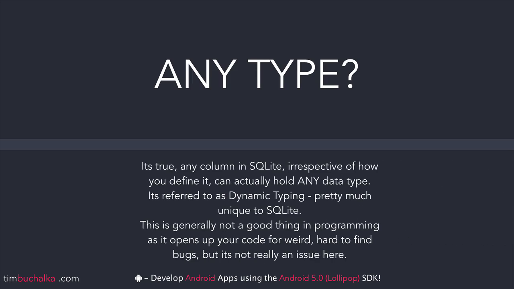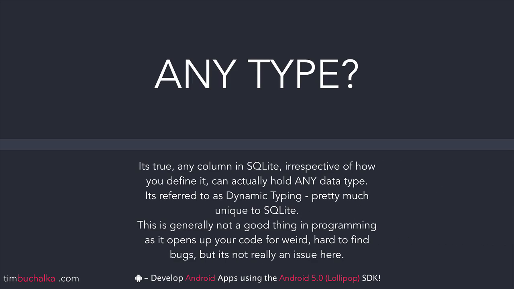Firstly, one of the curious and very unusual things about SQLite is that it can literally save any type of data in any field. It's referred to as dynamic typing, and it's fairly unique to SQLite. There are not many other database packages, if any, that do this. Generally speaking, this would be a negative thing, because it opens up your code for weird, hard to find errors.